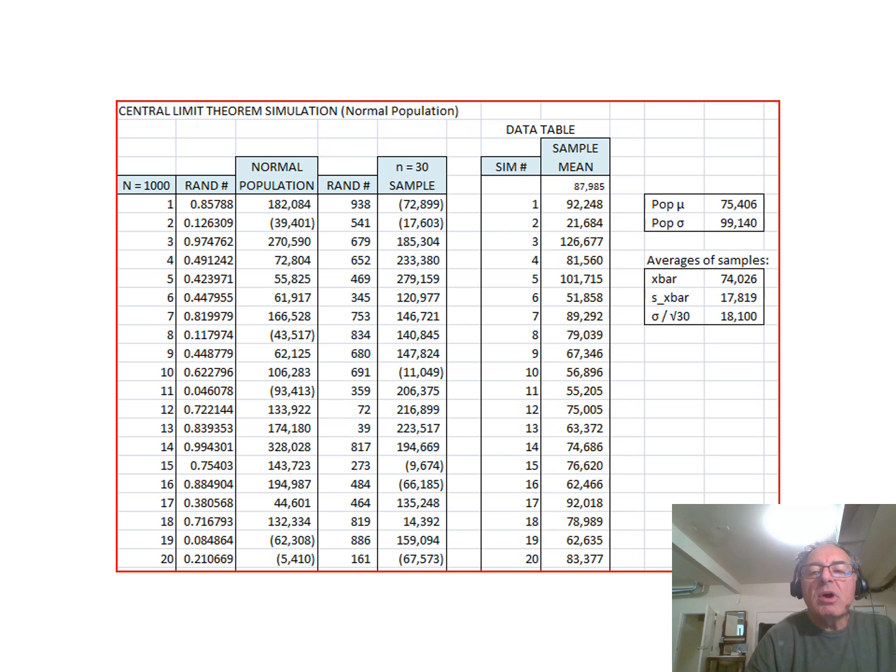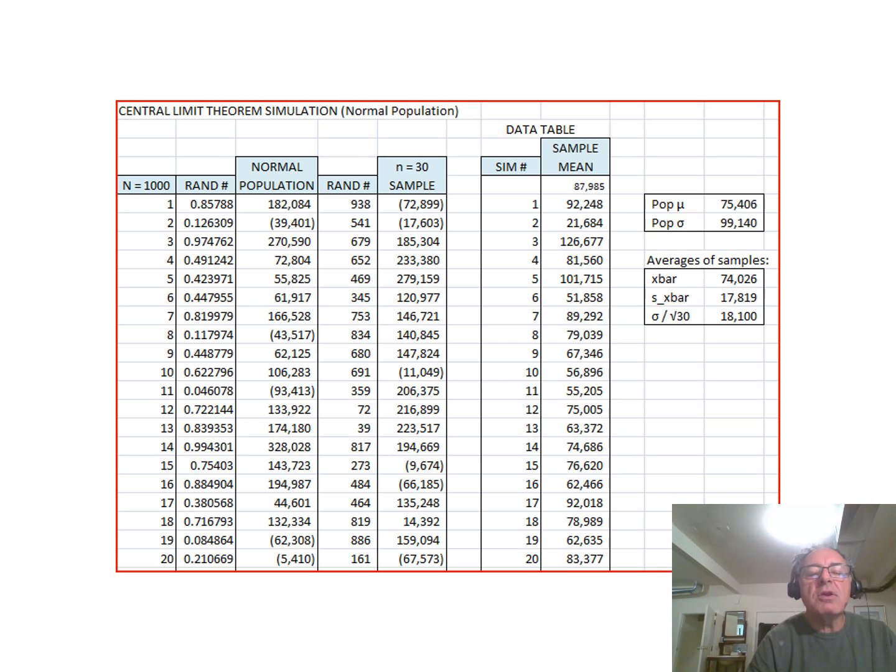And then the harder one, I think, to buy into is that your sample standard deviation will approach the standard deviation divided by the square root of the sample size. So this also strikes me as a perfect thing to do with simulation.